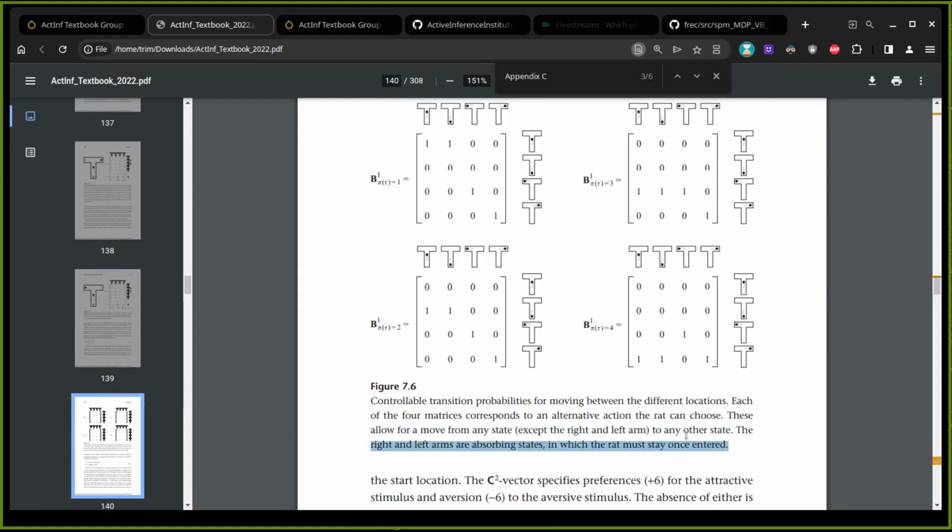The rat must stay. So here we have the absorbing state. Here's 1. If you're on the left, you stay on the left. And if you're on the right, you stay on the right. And then here, whether you're here or here, you transition to going to the right. So I guess it can jump from here to there.